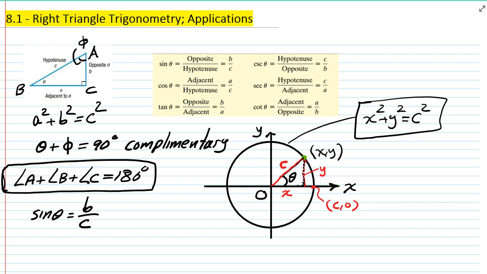What's opposite to B becomes adjacent to A. I mean, what's opposite theta, sorry, becomes adjacent to phi.